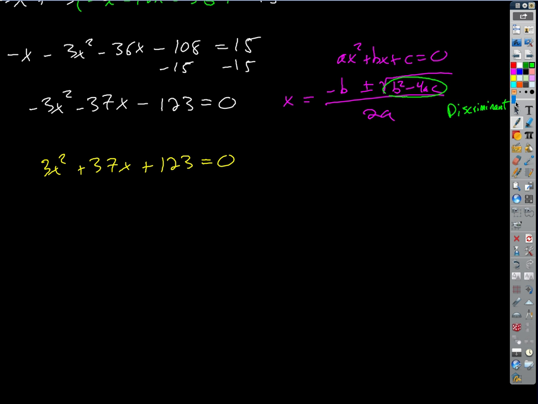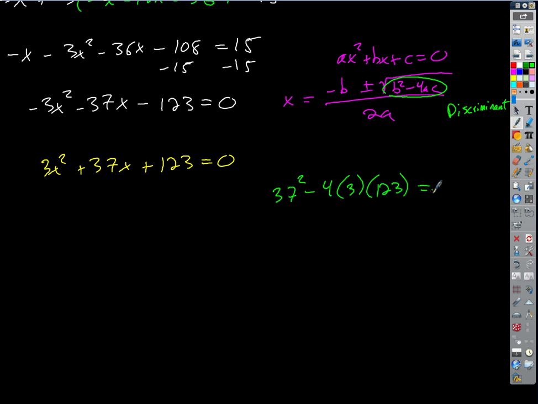b squared minus 4ac, right? So what is the discriminant going to be? Somebody just do this on your phone. 37 squared minus 4 times 3 times 123.